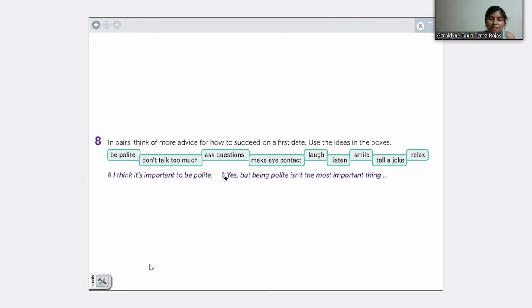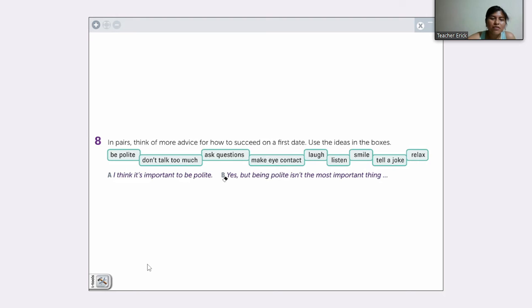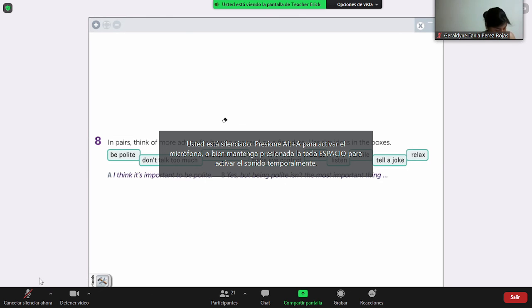But a good joke. Okay, it's important telling jokes on a first date. Para romper la tensión. ¿Cómo se dice, teacher, eso? Break the ice. Okay. Romper el hielo.